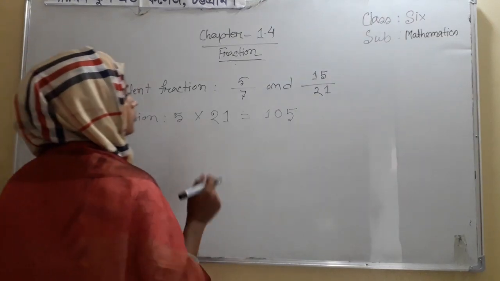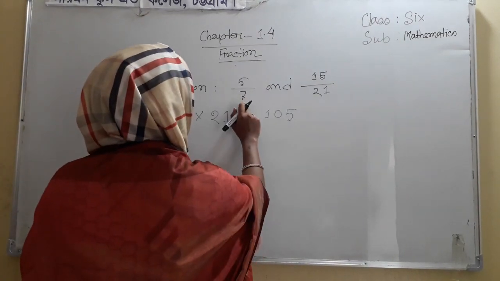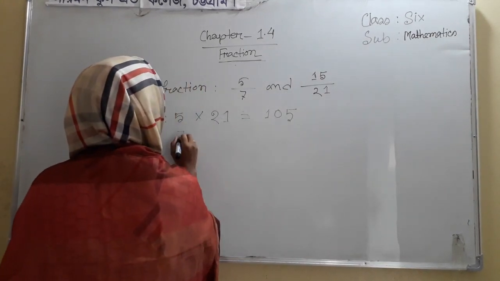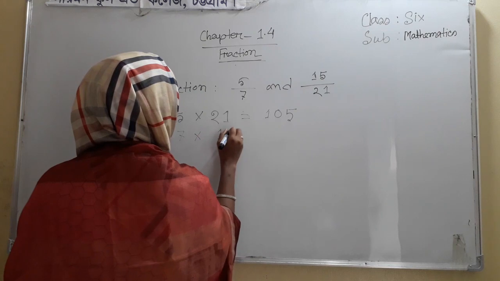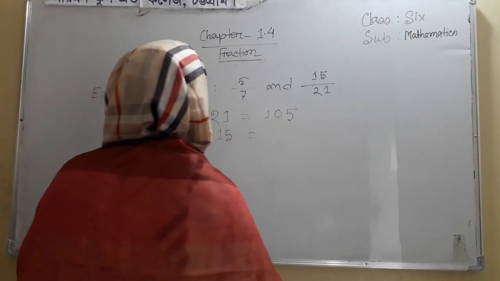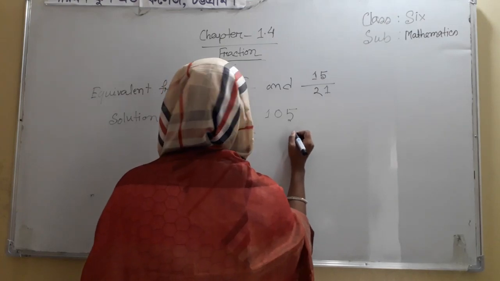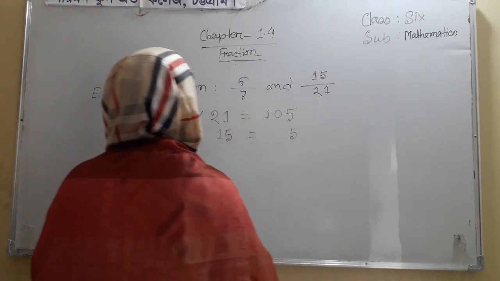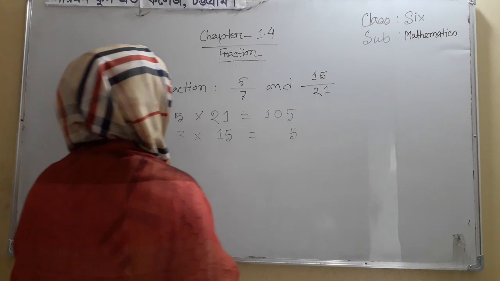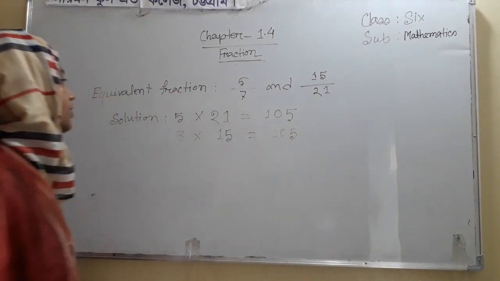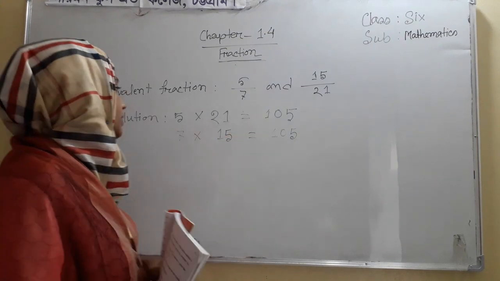And the second step is the first denominator into the second numerator. That means 7 into 15, which is 105. Now we can say that these two products are equal.